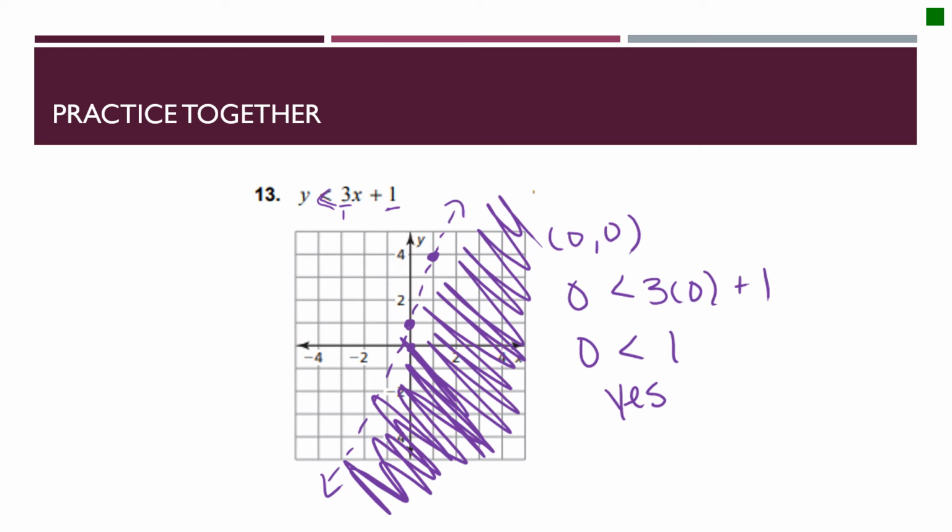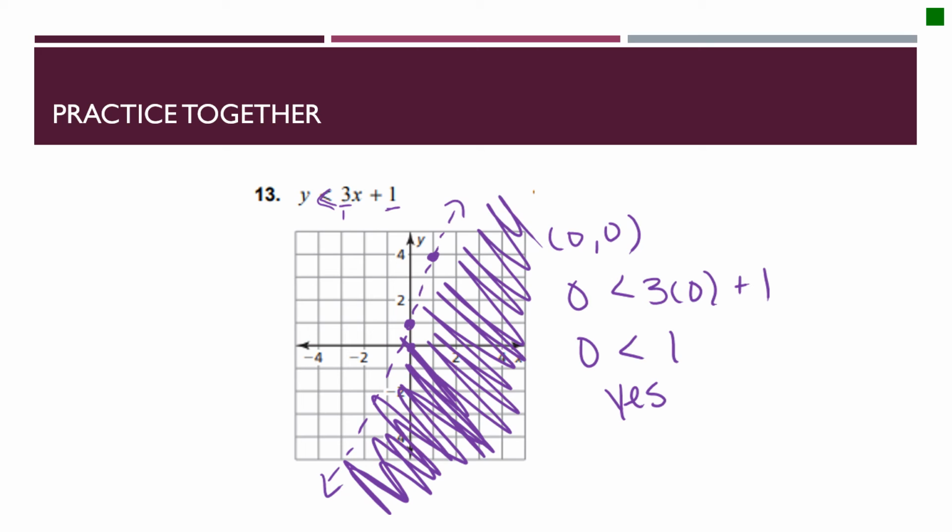What this lesson is going to want you to do is to plug in a point. So, like I said, I like to pick 0, 0 because that is kind of an easy one to plug in. So if I plug that into the function, I would have 0 less than 3 times 0 plus 1. So the question is, is 0 less than 1? Yes, that is true.